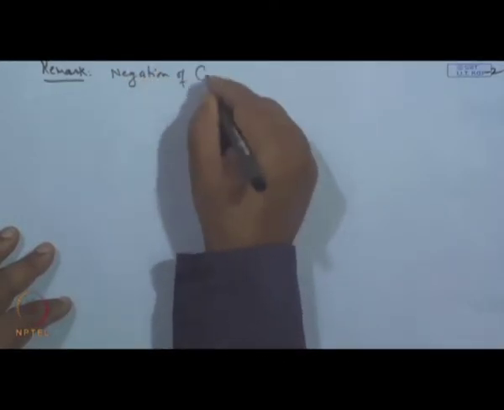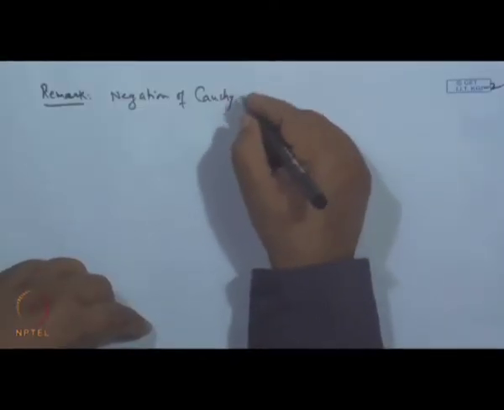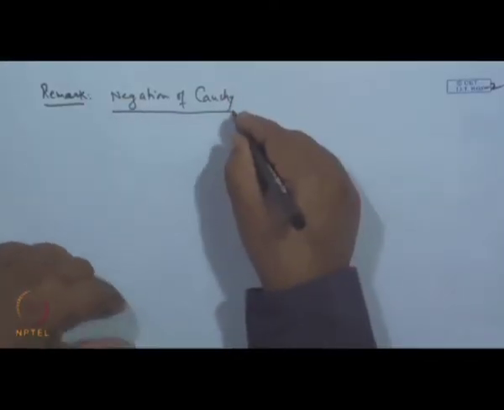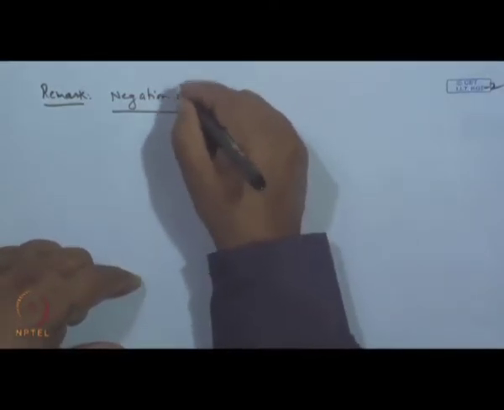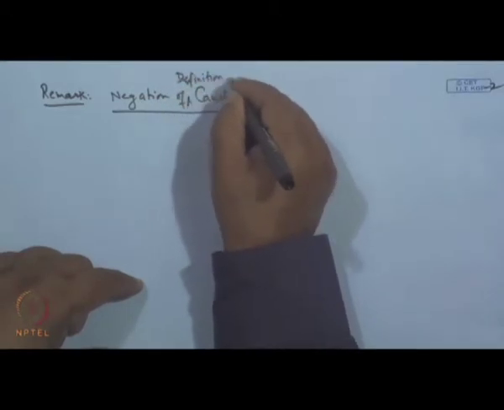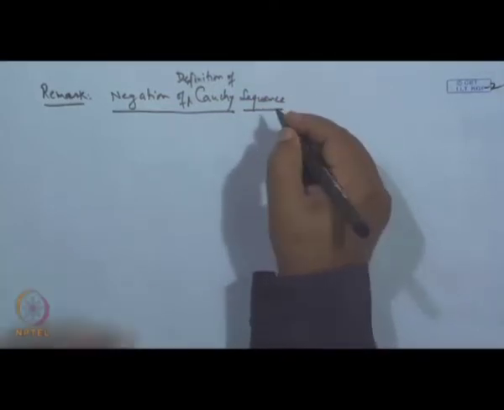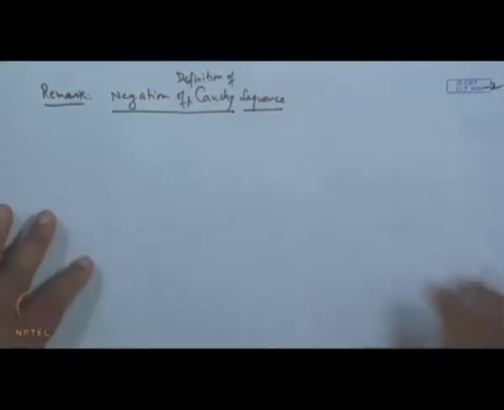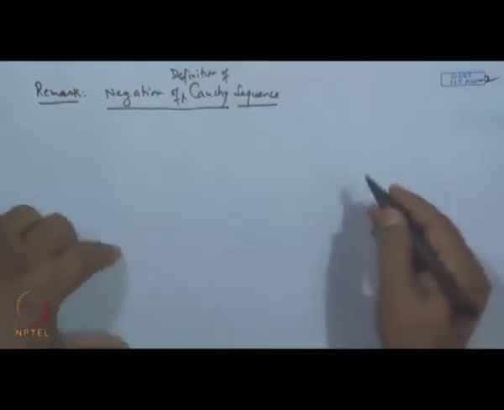If a sequence x n does not satisfy the Cauchyness, so what is the negation of the definition of Cauchy sequence? The negation is like this.